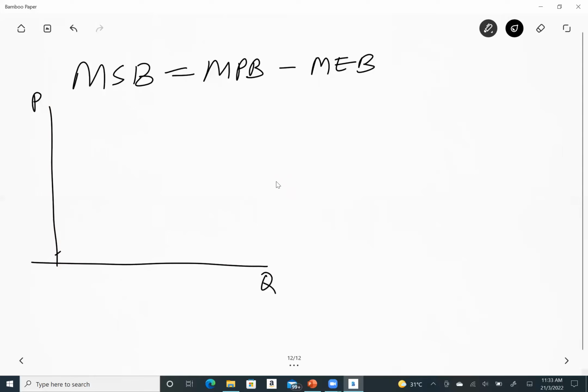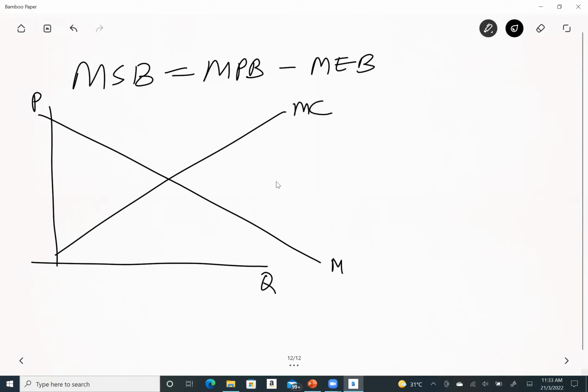So we have the marginal benefit. That one, marginal benefit is the marginal personal benefit or marginal private benefit. And then you have the marginal social benefit here. And that is the marginal external benefit.